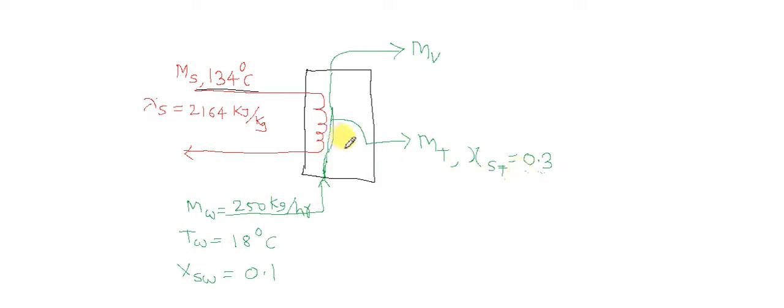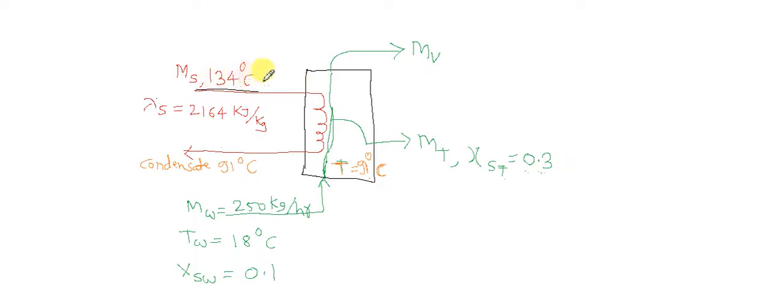Inside the evaporator the temperature is given, 91 degrees Celsius. The outlet temperature of steam is also given: the condensate outlet temperature is 91 degrees Celsius. The steam inlet temperature is 134 degrees Celsius.